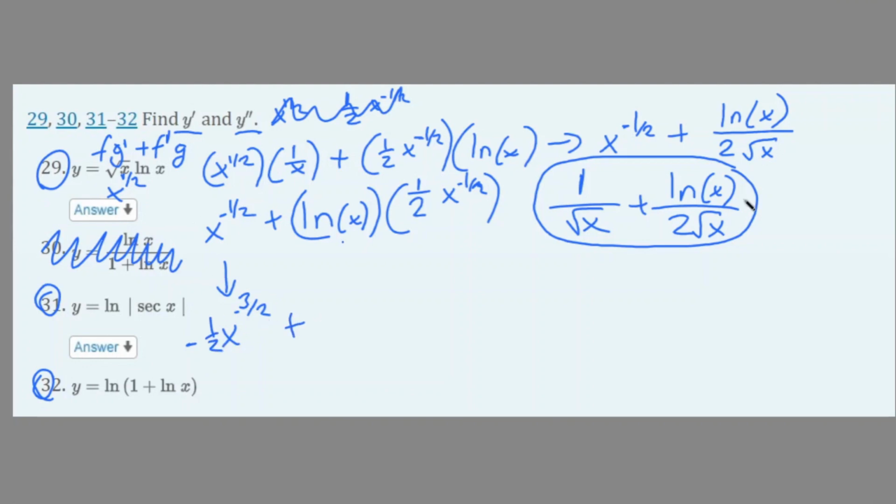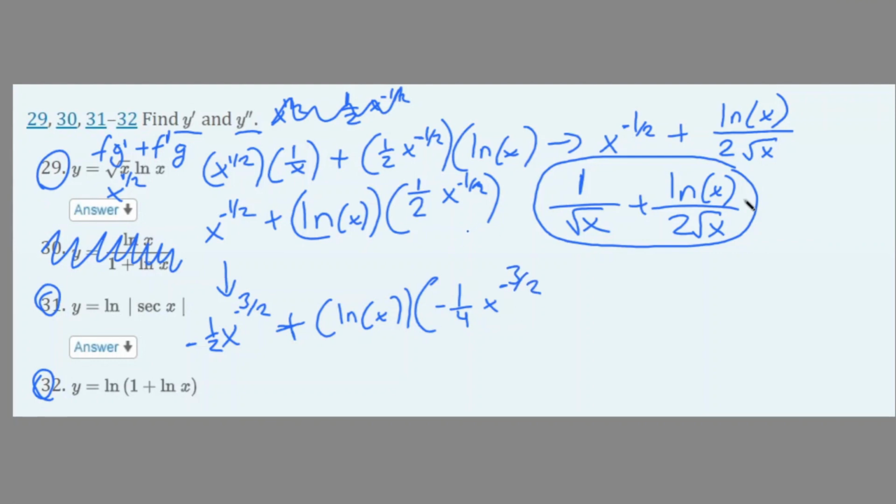And now for the second part, we actually have to use the product rule for this, which is fg prime plus f prime g. So f is going to be ln of x, and g prime is going to be, so we have to find the derivative of that. G prime is going to be 1 over 4x to the negative 3/2 power.